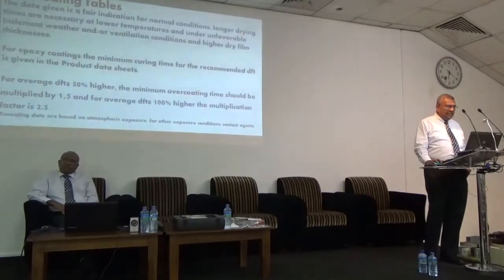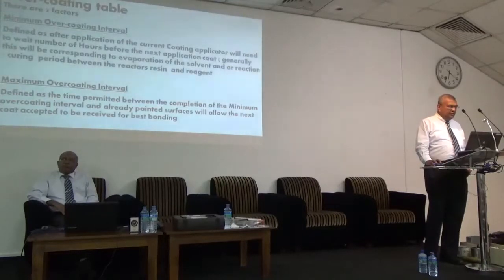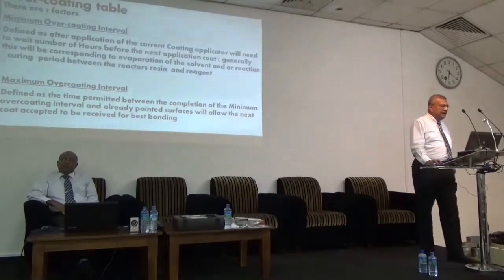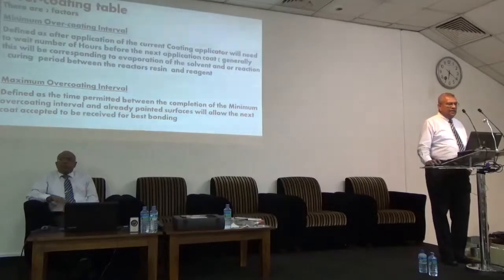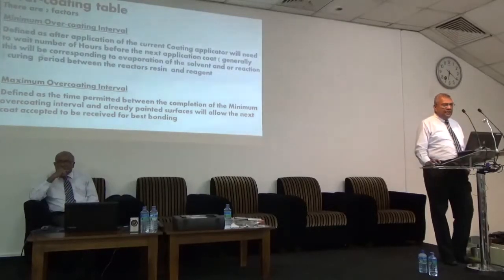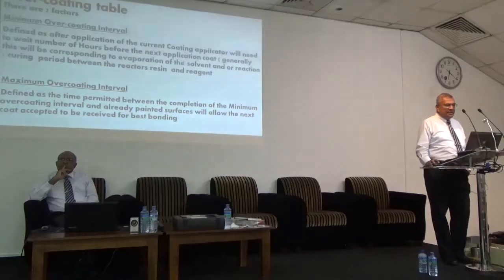That's why sometimes the data sheet will tell you to contact the local agent. If you have some confusion, you call us, then we can tell you. So the minimum overcoating interval is defined as the number of hours the applicant needs to wait after application before the next coat. That's 4 hours or 6 hours according to the steel temperature.